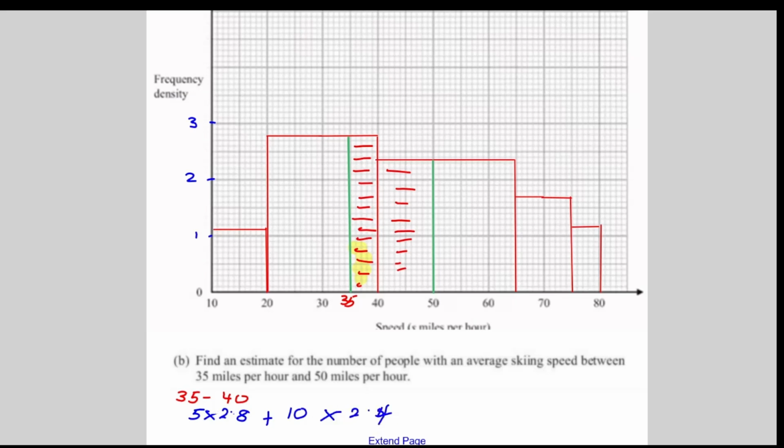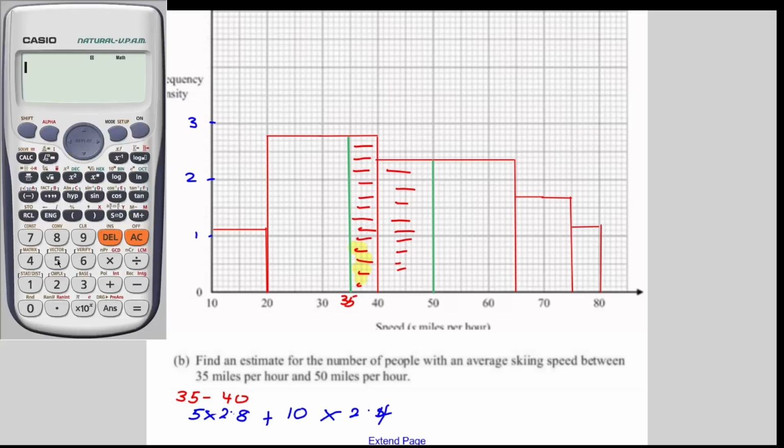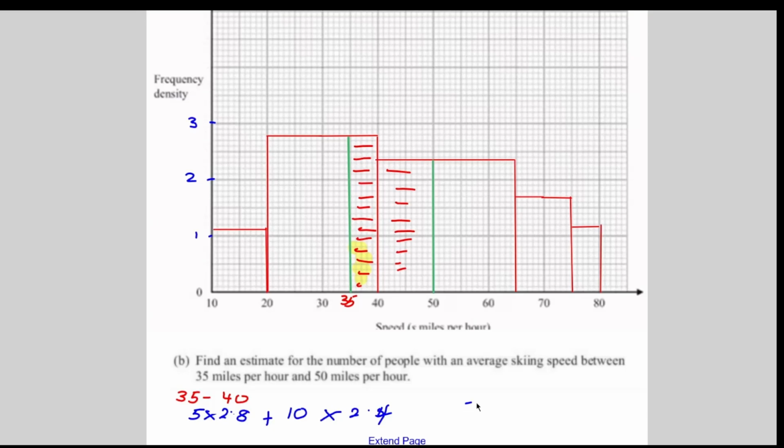Then use the calculator and get 5 into 2.8 plus 10 into 2.4, which gives 38. Then the answer is 38.